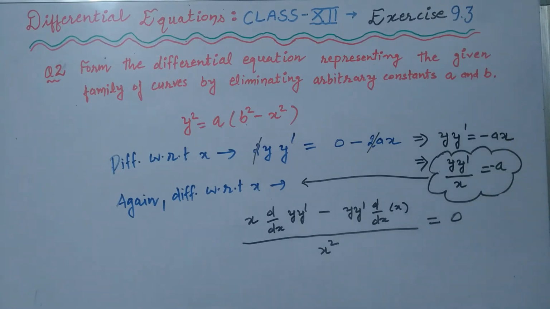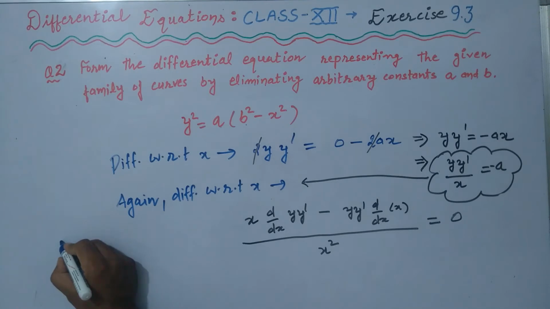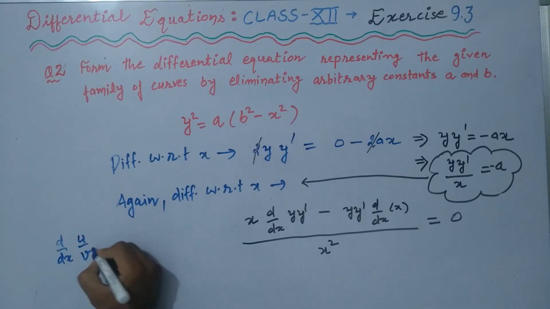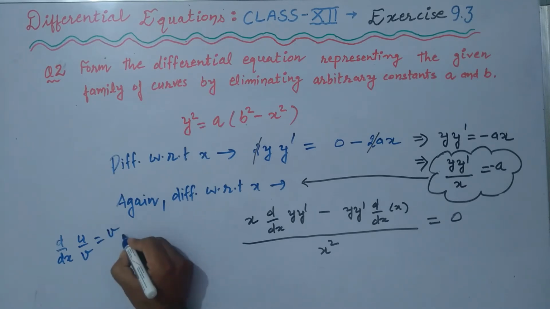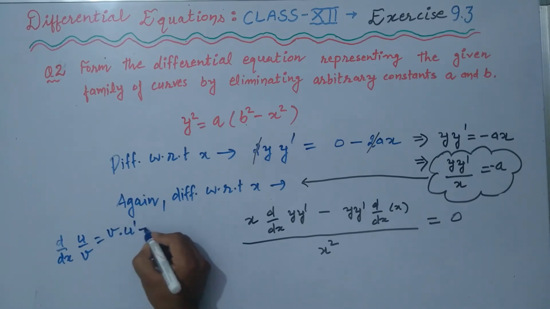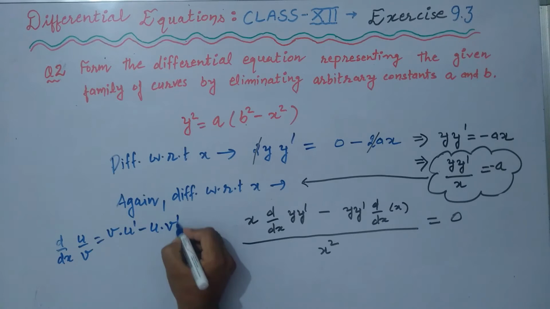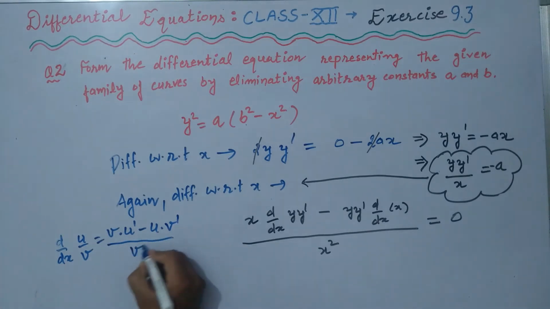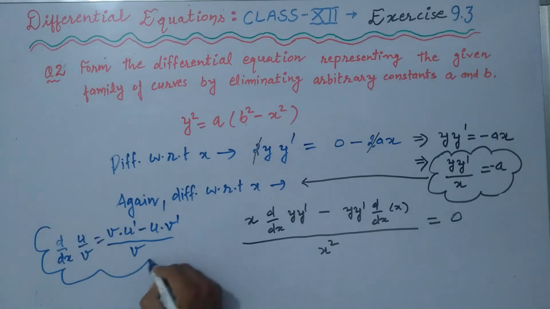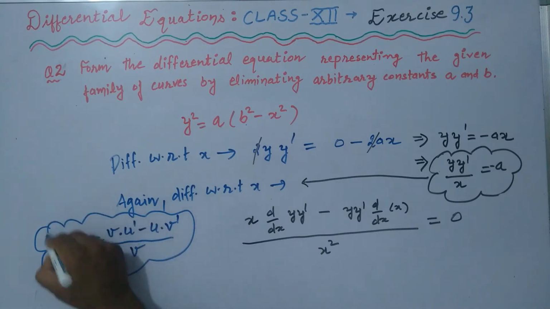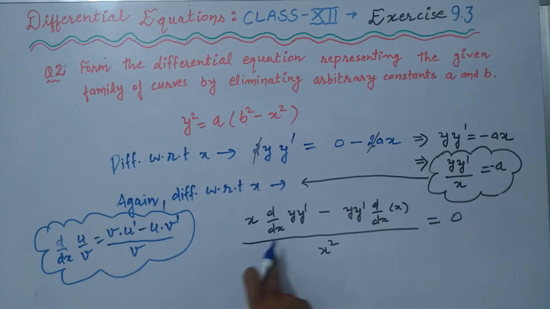So which rule have we followed here? We have followed the rule for the derivative of u upon v, which is equal to v into u dash minus u into v dash upon v square. So this is the quotient rule of derivative we have applied here.